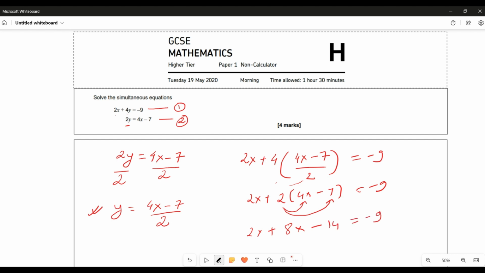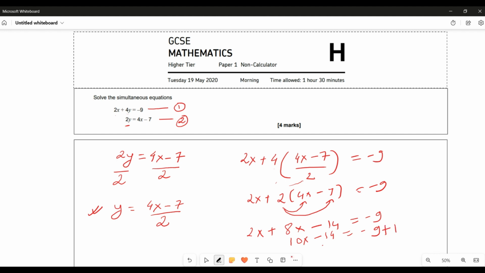Now you have to simplify again, because you need to find the value of x. 2x plus 8x is 10x, negative 14 equals negative 9. First you need to get rid of this 14, so you add 14 on both sides.